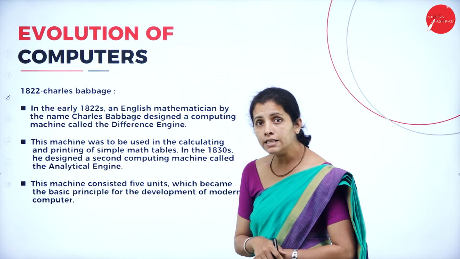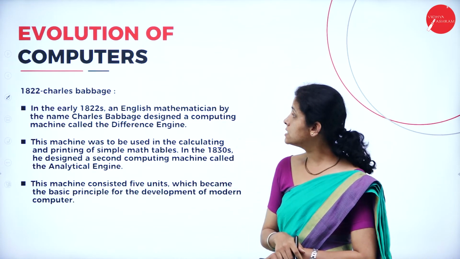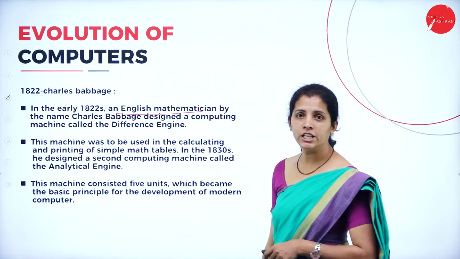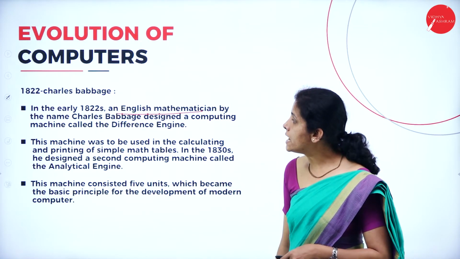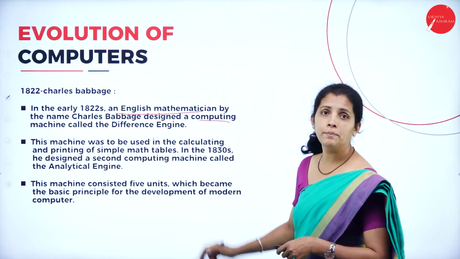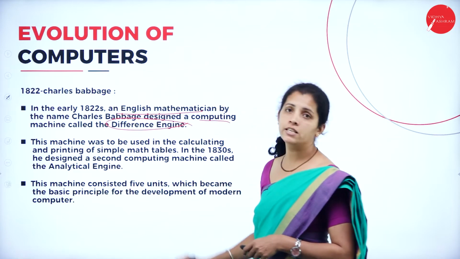Now, in the year 1822, an English mathematician by the name Charles Babbage designed a computing machine, and it is known as the difference engine.